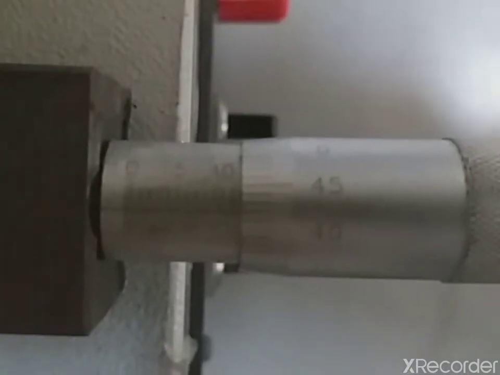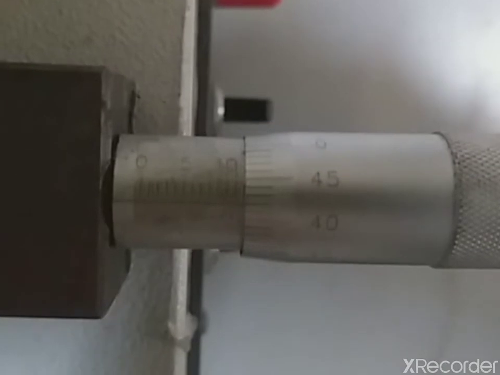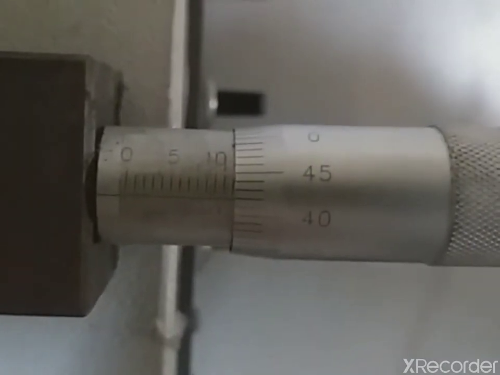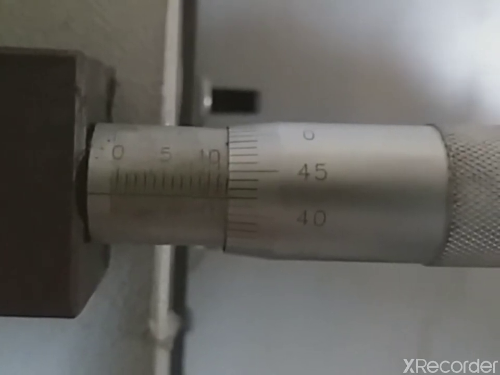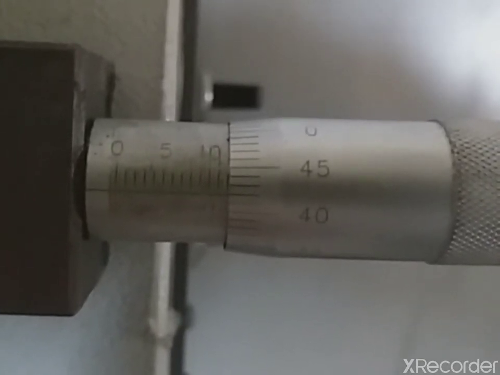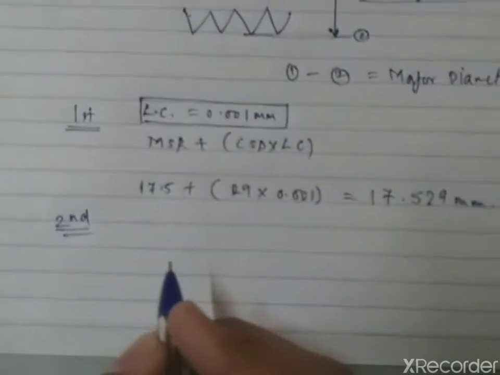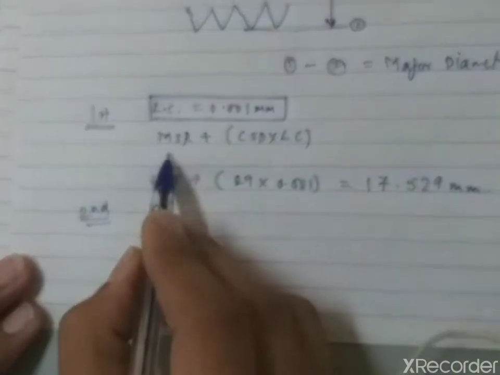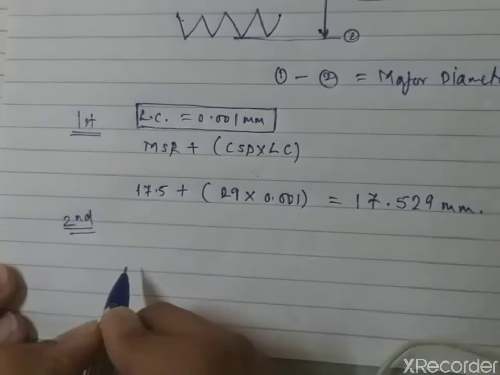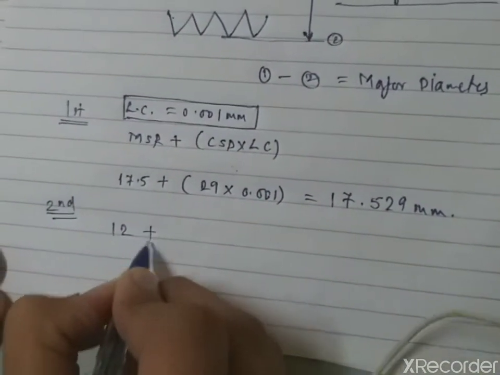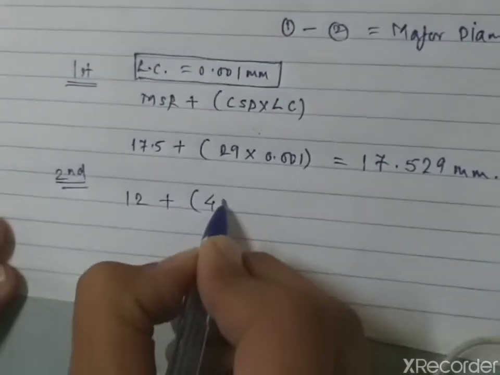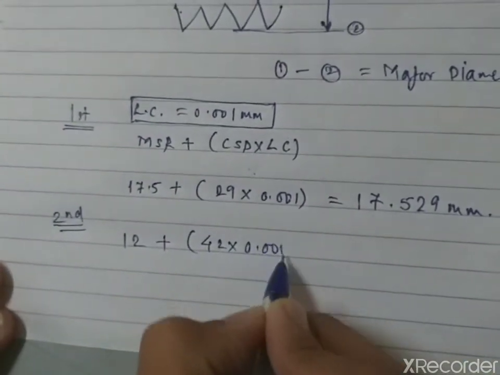If you observe it again, the main scale reading is, I think, 10, 11 and 12 is clearly visible, whereas the circular scale division is 40, 41 and 42. So if you note now, the second reading is in this form: main scale reading was 12 plus circular scale division was 42 into least count 0.001.